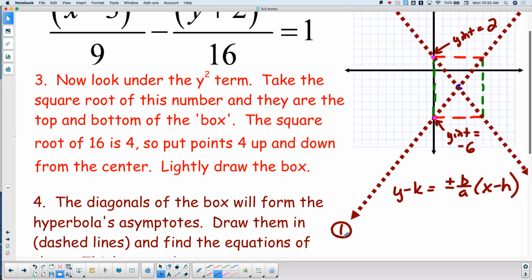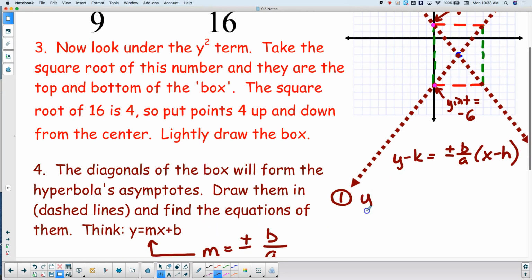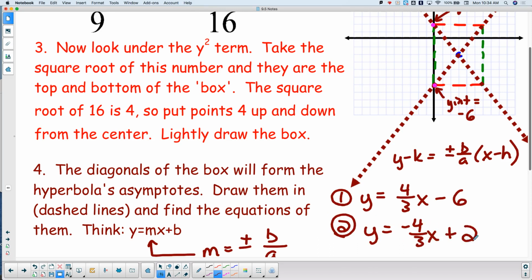All right? So my two asymptotes, the first one is going to be y equals positive 4/3 x. That's the up and to the right one, so then that would be minus 6. And the second one is going to be y equals negative 4/3 x plus 2.